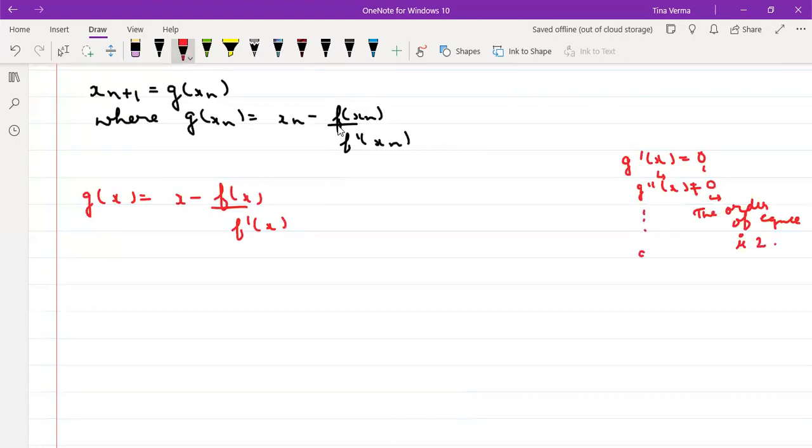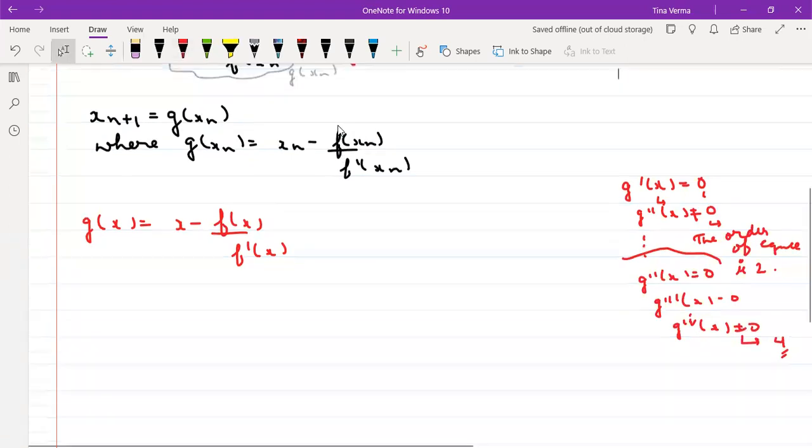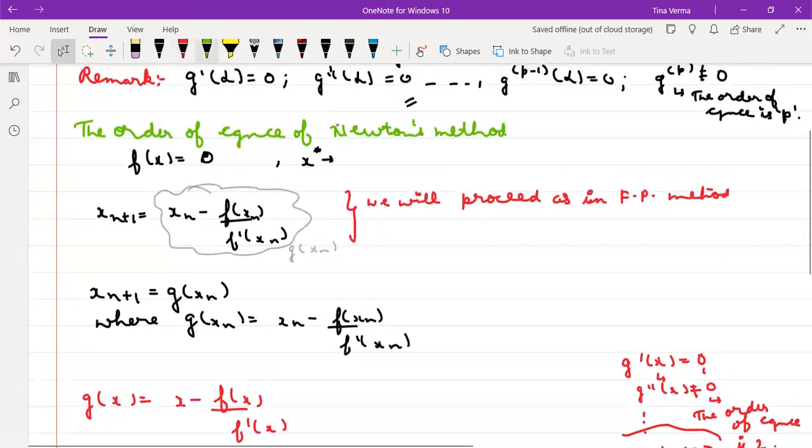And similarly, if I show that the second derivative is also 0, the third derivative is also 0, and the fourth derivative is non-zero, then my order of convergence becomes 4. Till now, because we are finding simple roots, the order of convergence of Newton's method is at least 2 in case of simple roots.